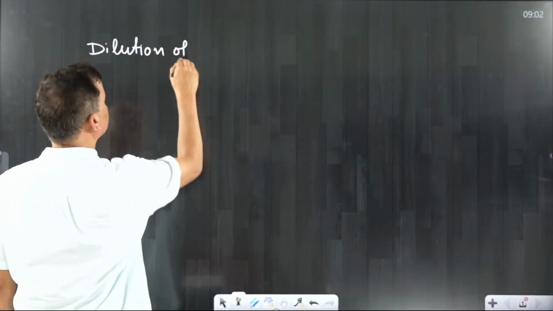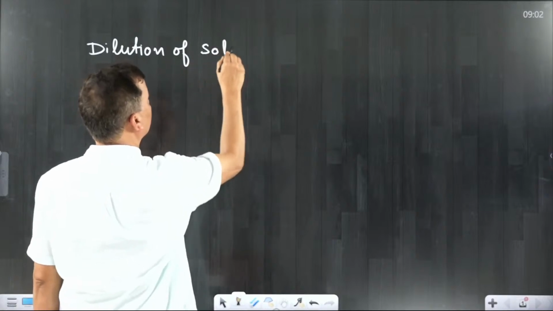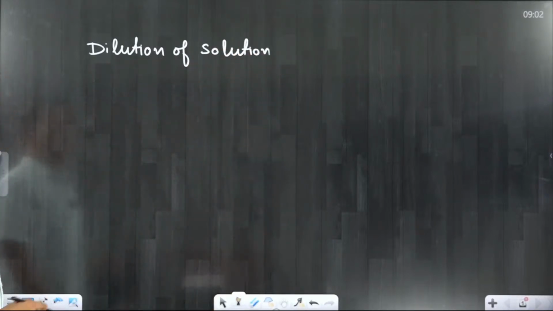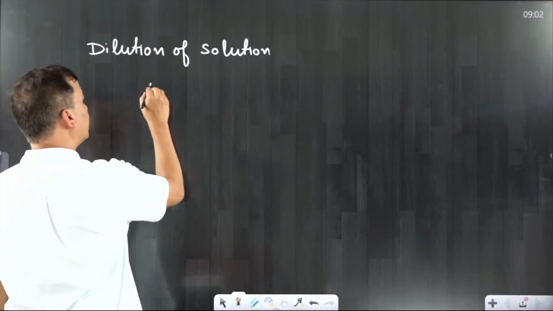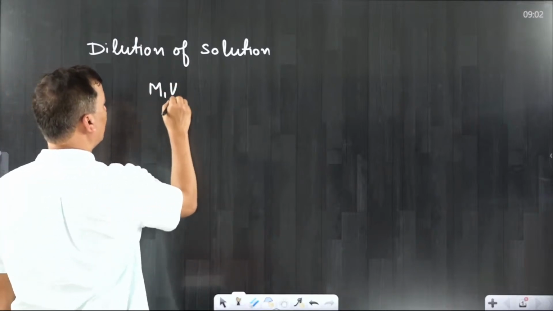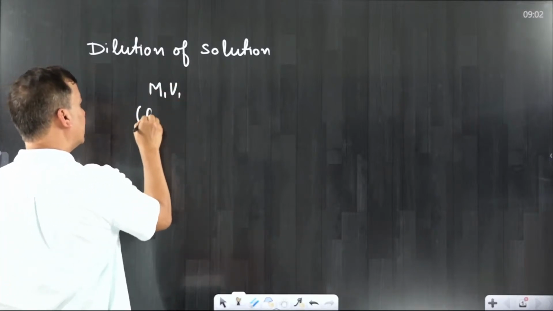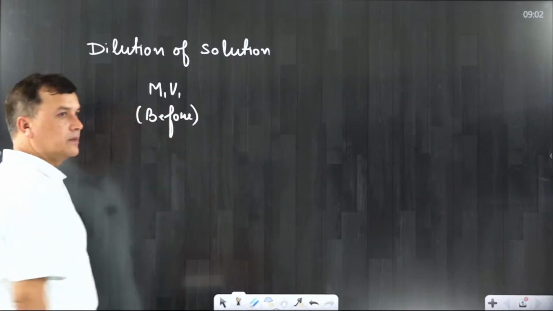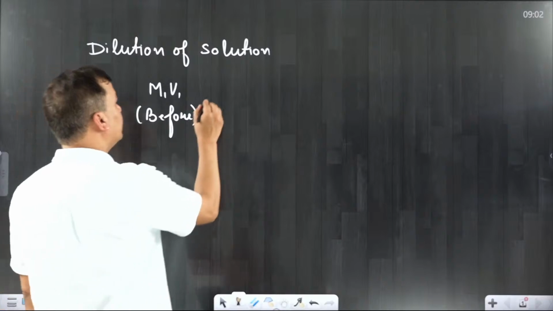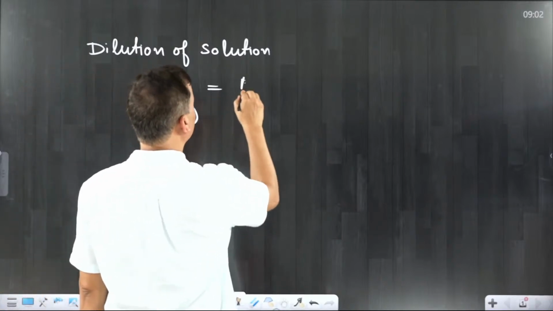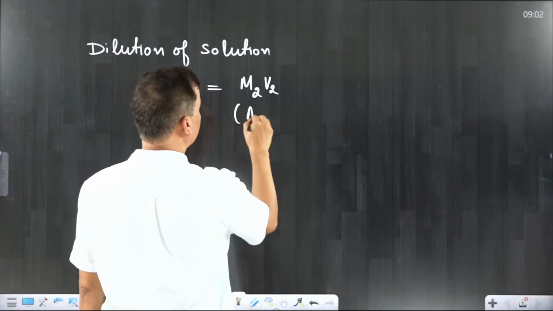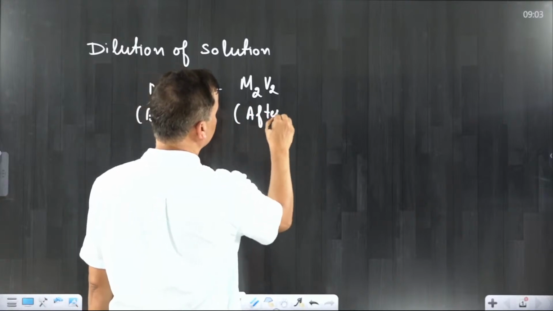We are discussing the dilution of solution. I told you that in dilution, the number of moles of solute before dilution, M1 V1, is equal to M2 V2, after dilution.